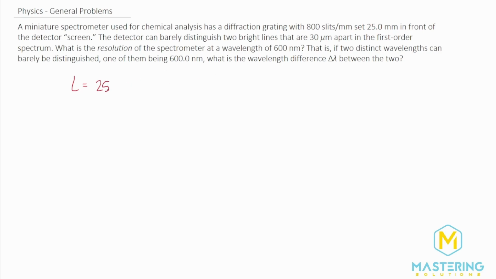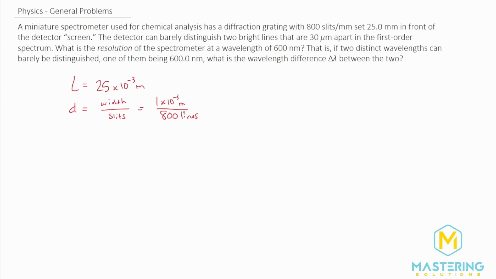So 25 times 10 to the negative 3 meters for the distance from the diffraction grating out to the viewing screen. And then d, the slit spacing, we have the width over slits or lines, and that is equal to 1 millimeter, 1 times 10 to the negative 3 meters over 800 lines or slits.